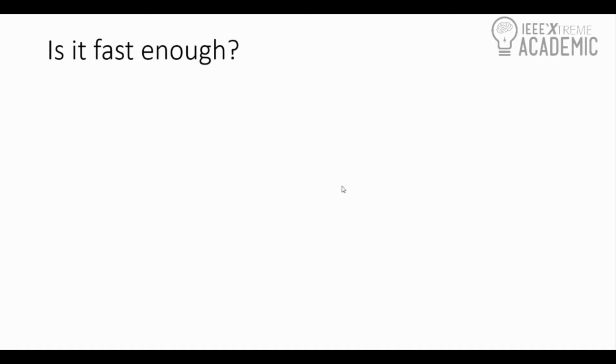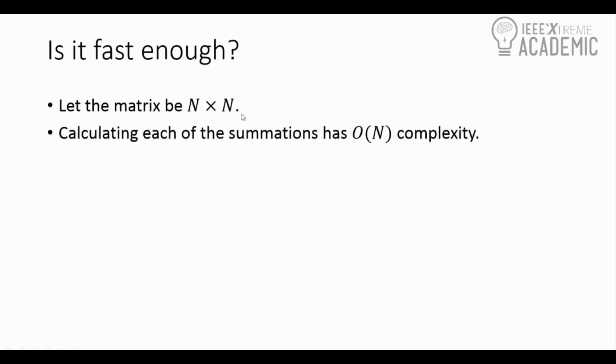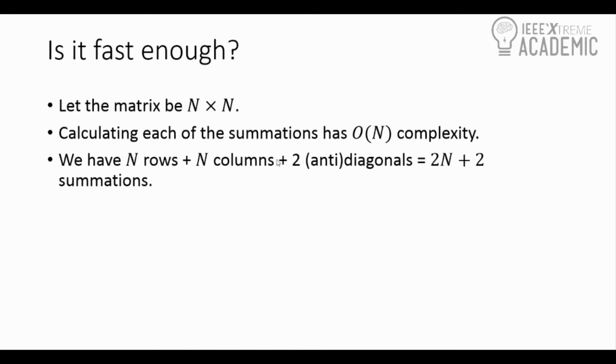Now, the next question is whether this naive algorithm is fast enough to get the answer within 1 second or so, which is the time limit of the problem. To that end, we have to calculate the complexity. We have an n by n matrix and we want to calculate a bunch of summations. Each of them has O(n) complexity because we are summing over n terms, and the number of summations is 2n plus 2: n rows, n columns, and 2 diagonals.